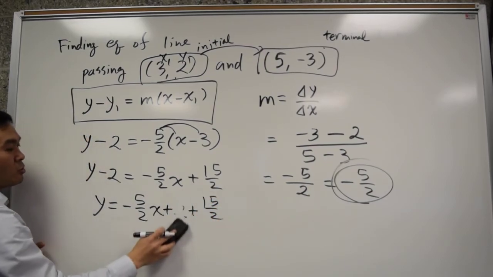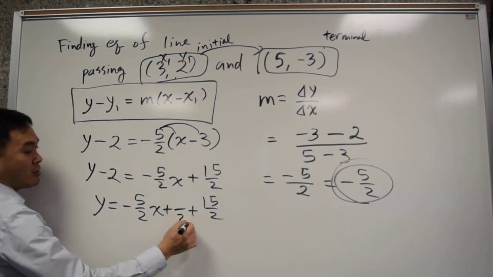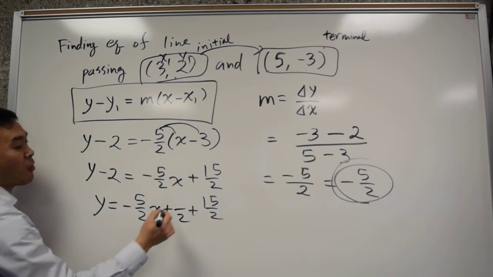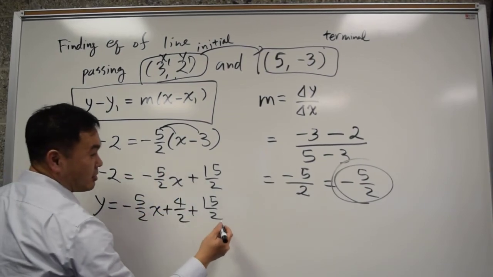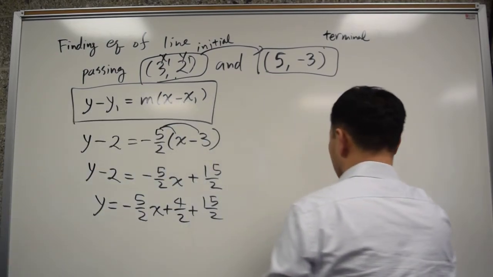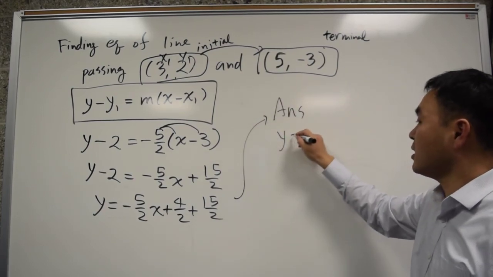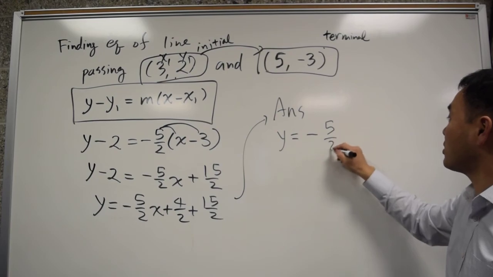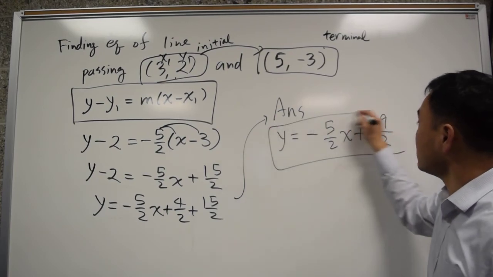But what is 2? 2 is what divided by 2? 4 divided by 2. So 4 plus 15, that's 19. And therefore, we have the final answer as the following. The answer is y equals negative 5 over 2 x plus 19 over 2. That's the final answer.